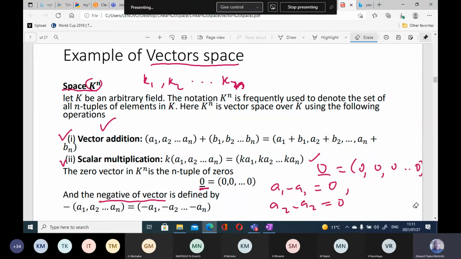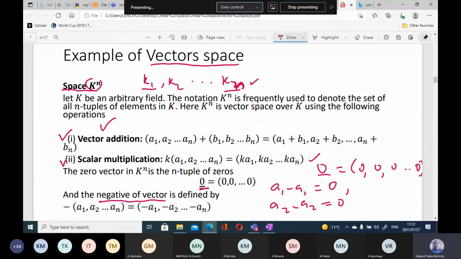So it means that if you are given a problem when you are writing a test, to prove that a space k to the power n is a vector space, what we have to do is to show that the vector addition, so that we can add. So you can see this is k to the power n. So k to the power n actually means that you have elements from k1 up to kn.